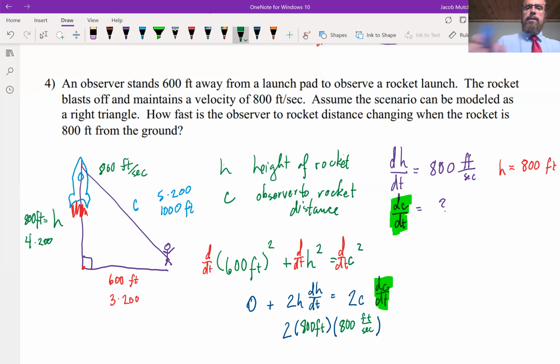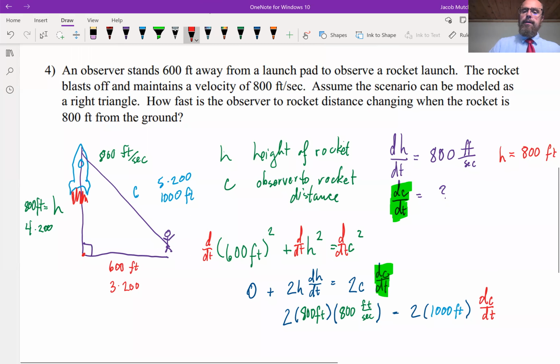And all that equals 2 times the length of the observer to rocket distance when the height is 800, so that's going to be 1,000 feet times what I'm looking for, dC/dt. Everything's substituted in.